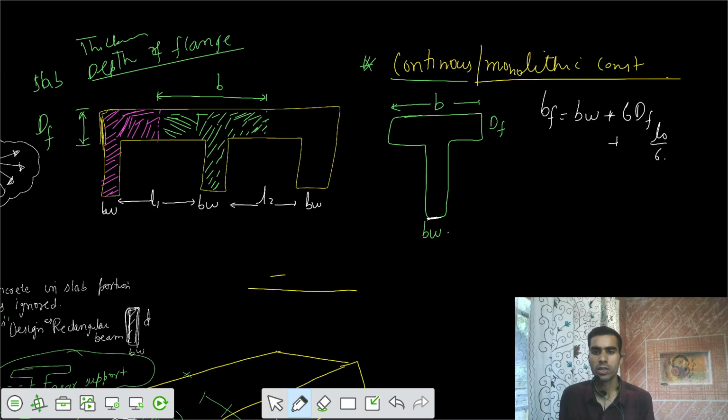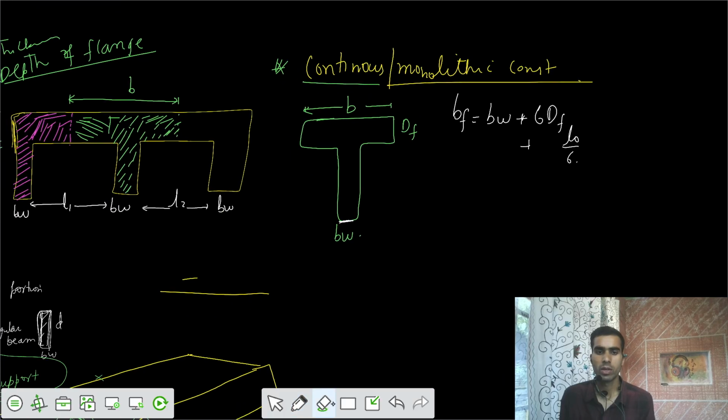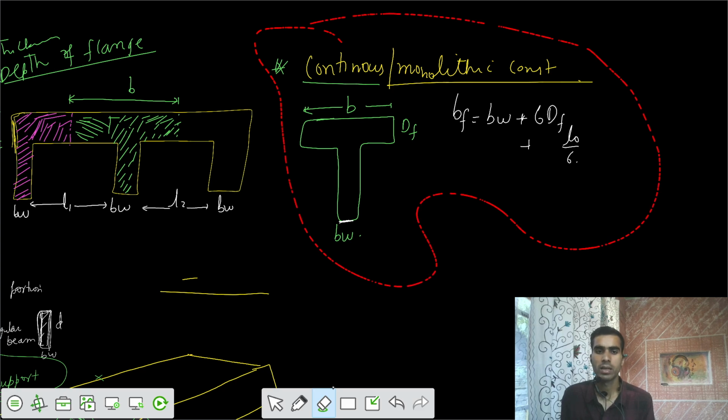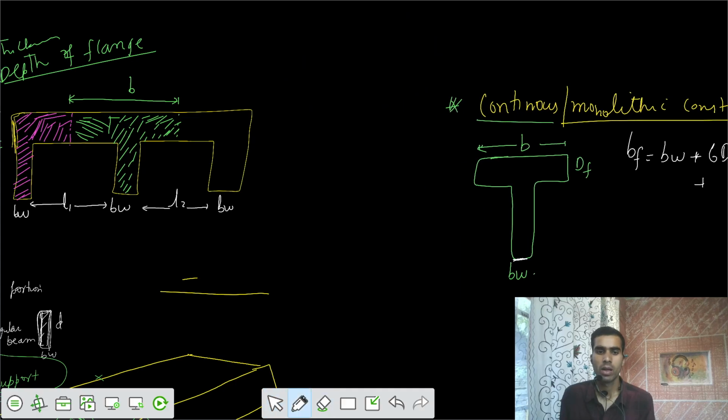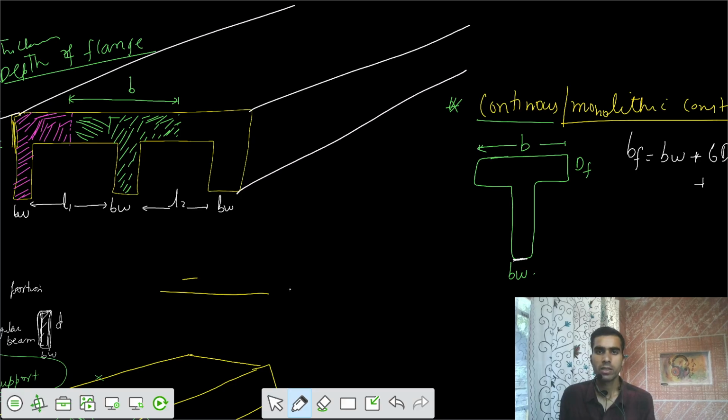There would be some supports on which these beams are resting. Let's have that perspective also. The system would be in this fashion: there is one support here, one more support there, and the length here is the effective length LE.